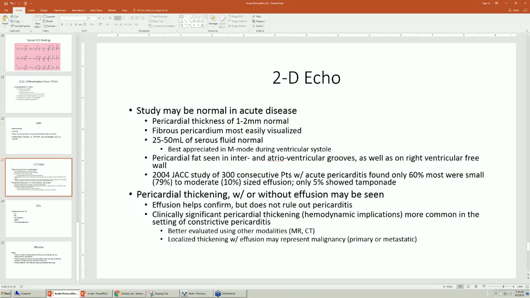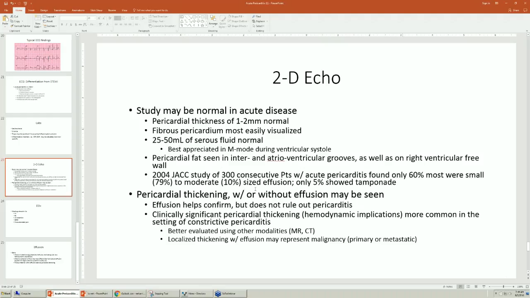A fibrous pericardium has a lot of fiber in it and is easily visualized. This is the amount of fluid that's usually present. We see it pretty often on the echo. Pericardial fat can also be seen in the same area, and it looks like a clear space. It has pretty much the same density.